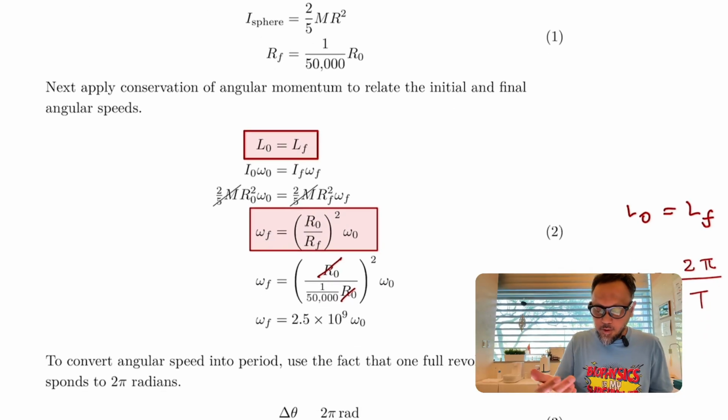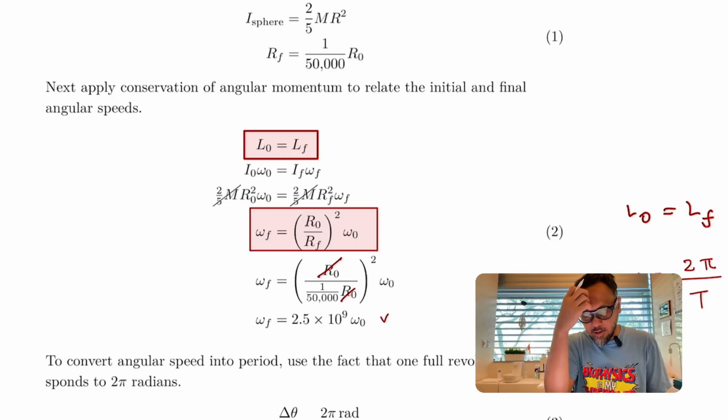And then when we put in the numbers, we get this number here. After the star shrinks, the final angular speed is equal to 2.5 times 10 to the 9th, 2.5 billion times the initial angular speed.